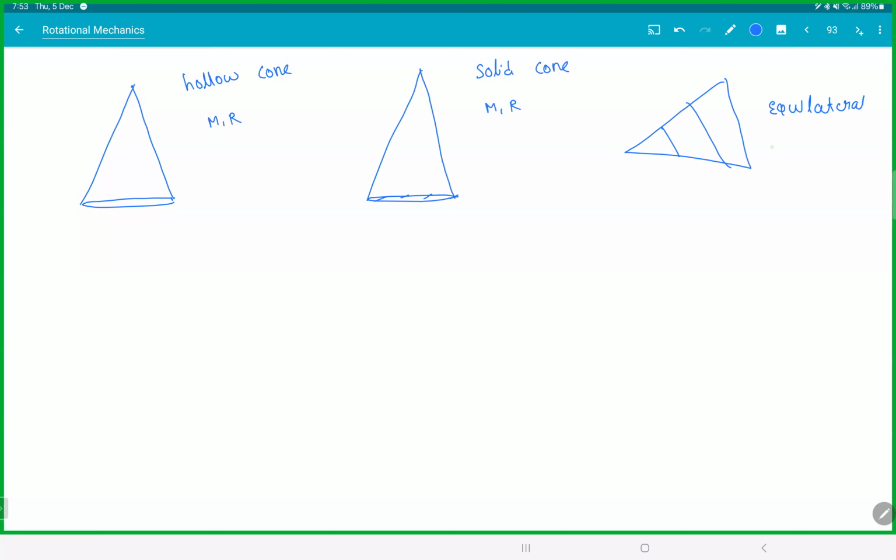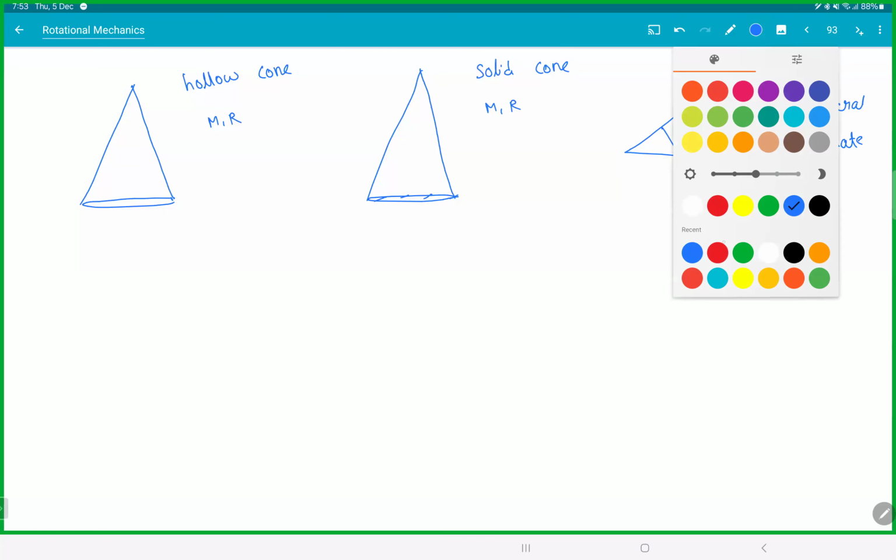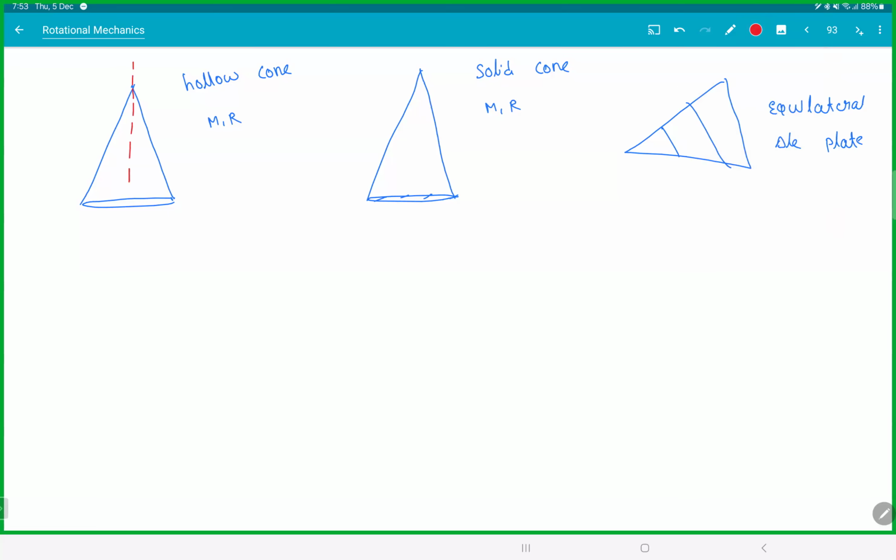Equilateral triangular plate. So if you're passing through the center, hollow cone, interestingly, the answer is mr square by 2. It looks like a disc. Solid cone is 3 by 10 mr square. How to get them? You have to integrate. So basically here the elements will be thin rings. You can take a ring and integrate. For a solid cone, the elements are thin disks.